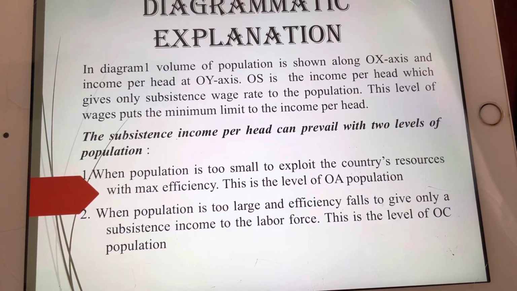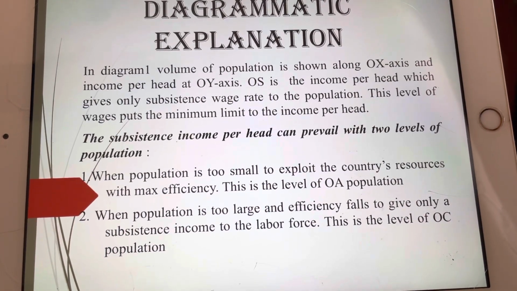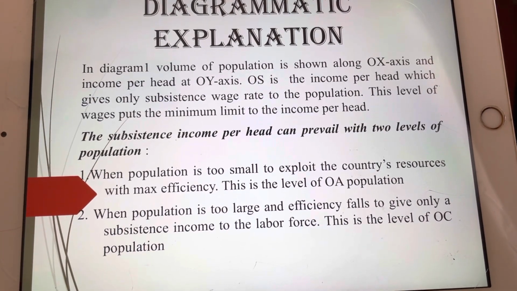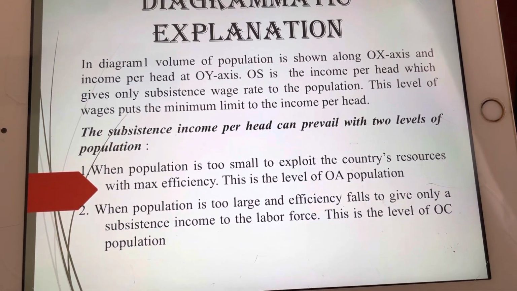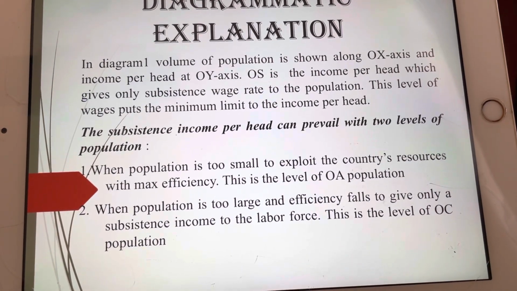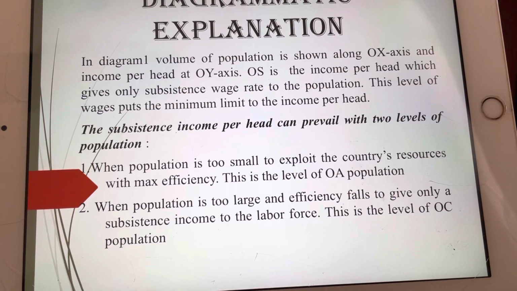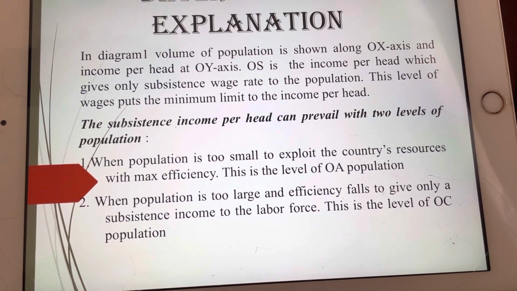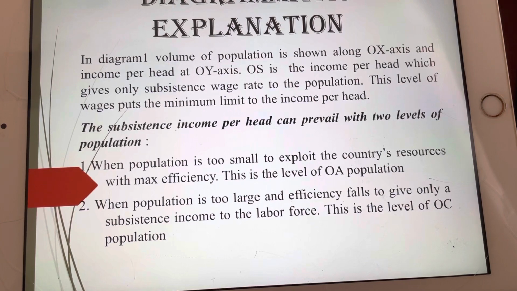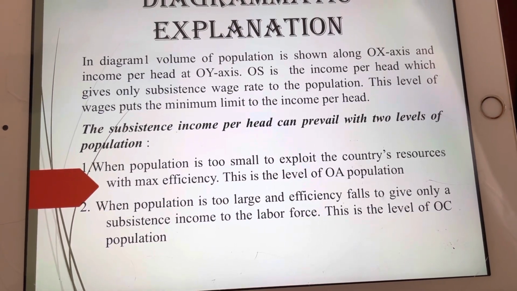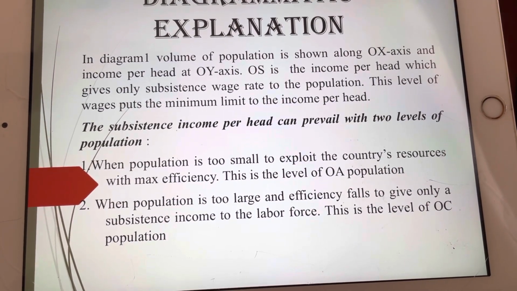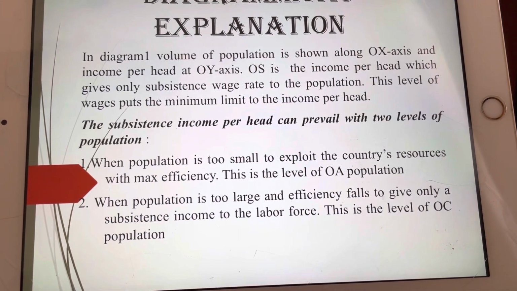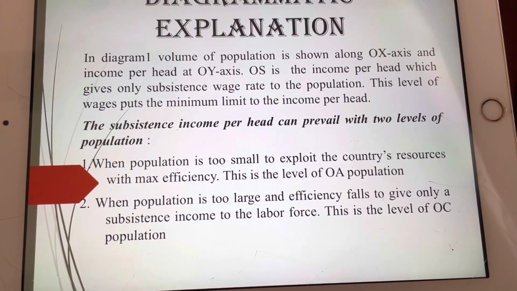So the subsistence income per head can prevail with two levels of population. Through OS we can have the idea about the income at the two levels. One is when population is too small to exploit the country's resources with maximum efficiency.